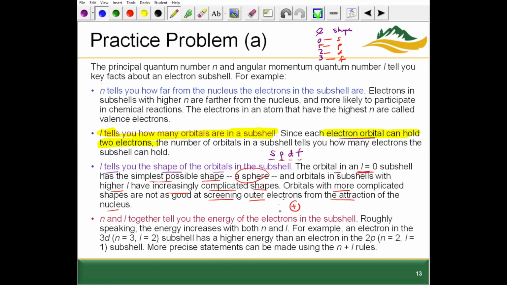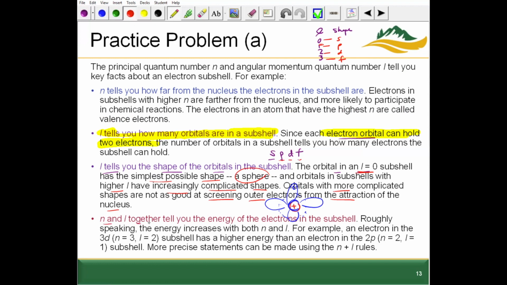So with a less complicated orbital, that positively charged nucleus will be able to more strongly hold on to the negatively charged electrons. But the more complicated the orbital shapes get, the less pull that positively charged nucleus can have on an electron.